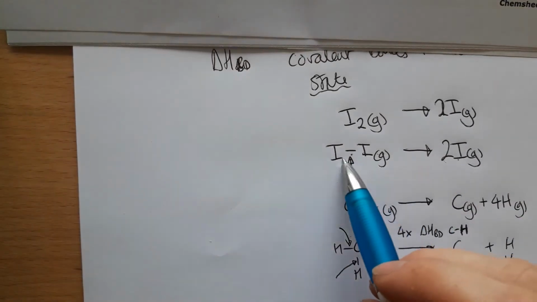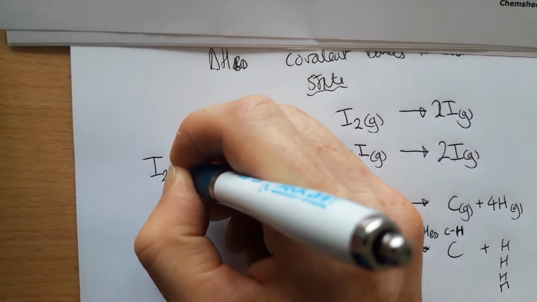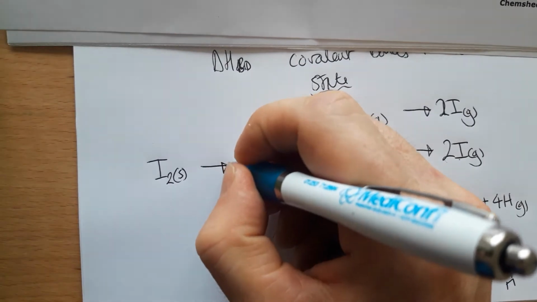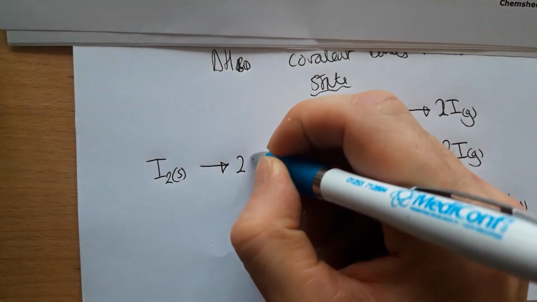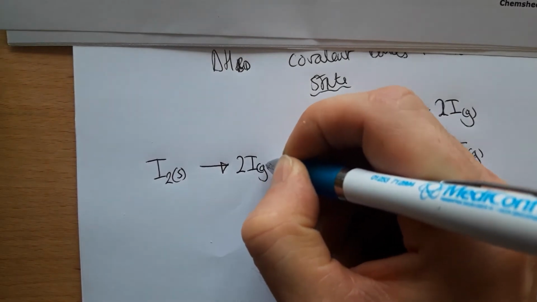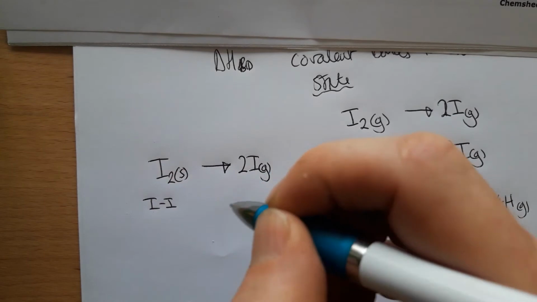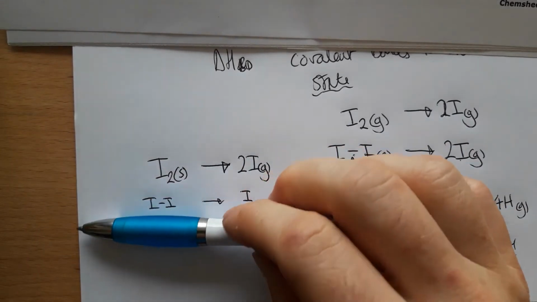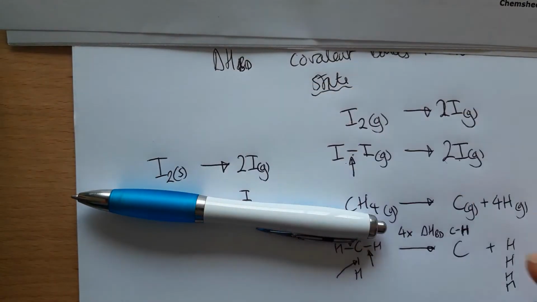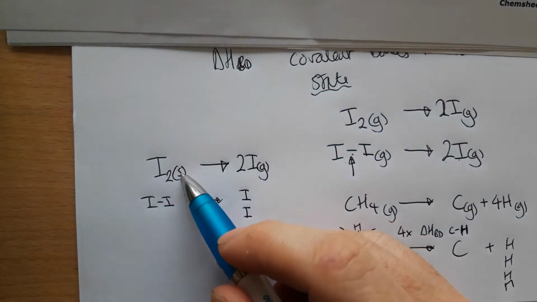Talking about iodine gas to iodine, you might be aware that I2 is actually a solid at room temperature, standard temperature and pressure. You might firstly look at that and go, well, that's I2 turning into 2I's, so this equation is also a bond dissociation, but it's not, because of this cheeky little solid here.